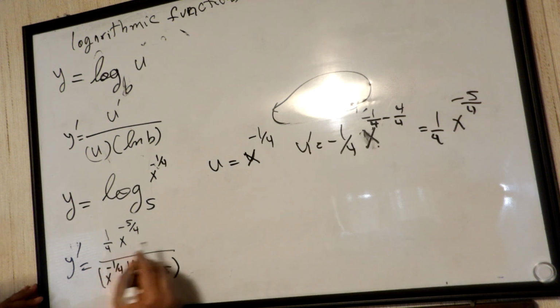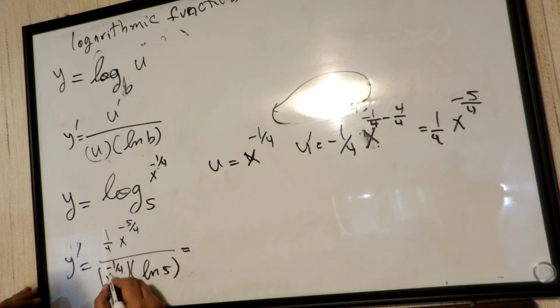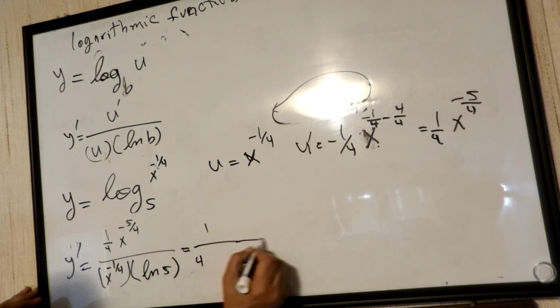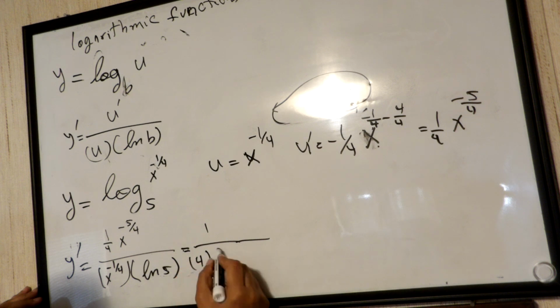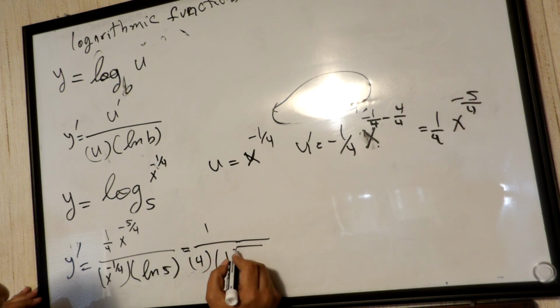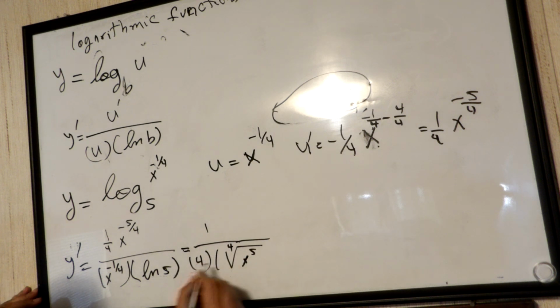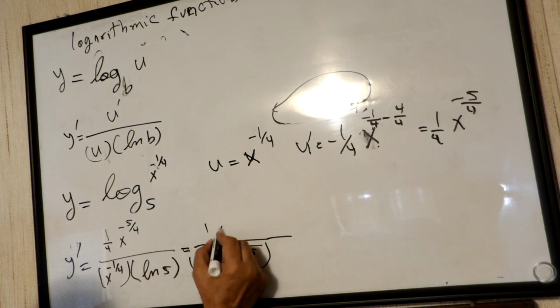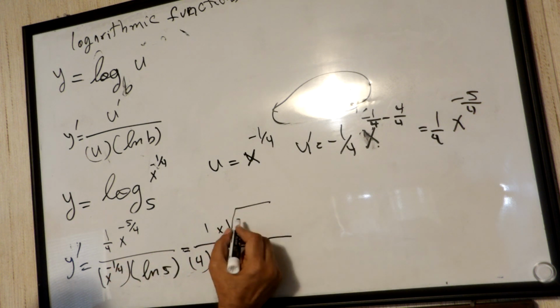But you could write this one differently, because when it comes to the denominator, the negative goes away, and then this one comes up.